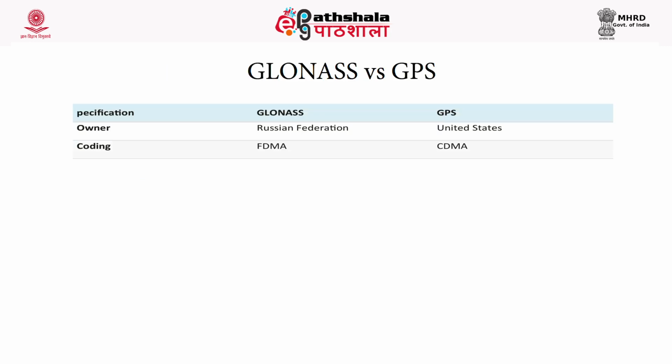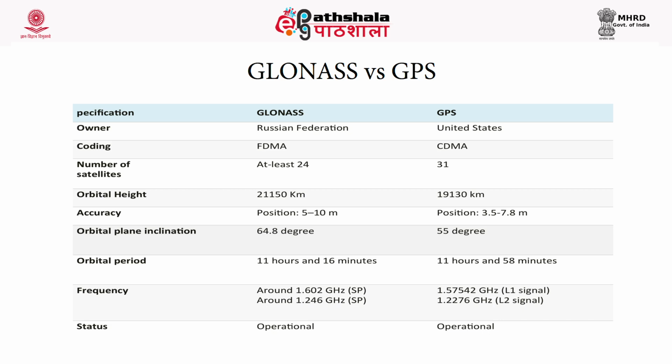So, dear students, looking at their comparative table, as we already discussed, GLONASS is Russian based navigational satellite system, while GPS is of United States of America. The coding in both differs, as GLONASS is FDMA based while GPS is CDMA based. GLONASS is a constellation of 24 satellites while GPS is of 31 satellites. The orbital height of these two systems is more or less comparable, with GLONASS being at 21,000 kilometers altitude and GPS at 19,000.